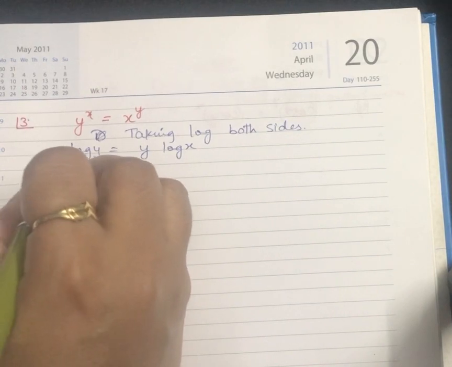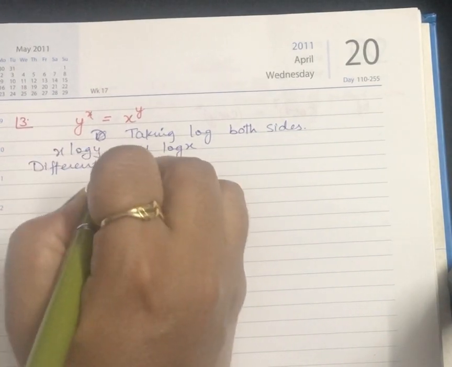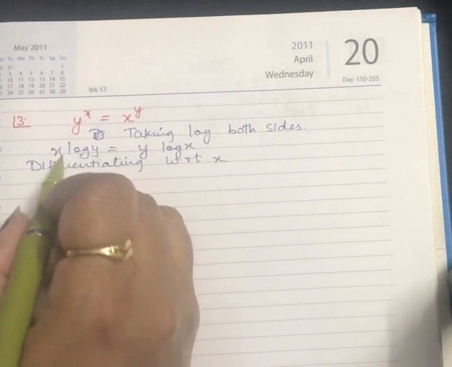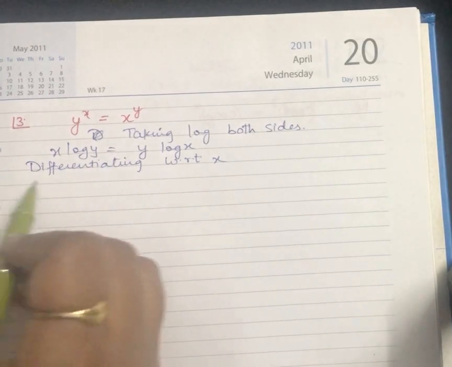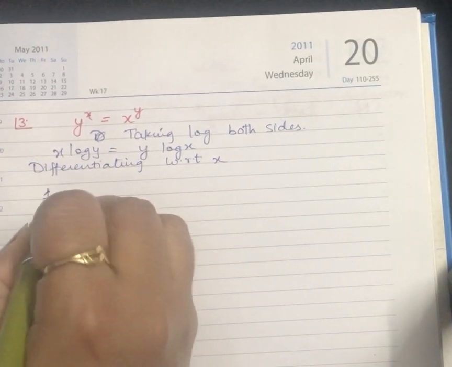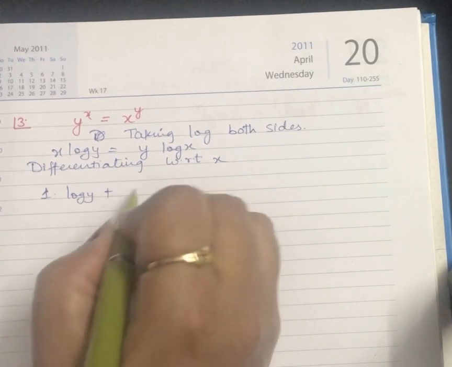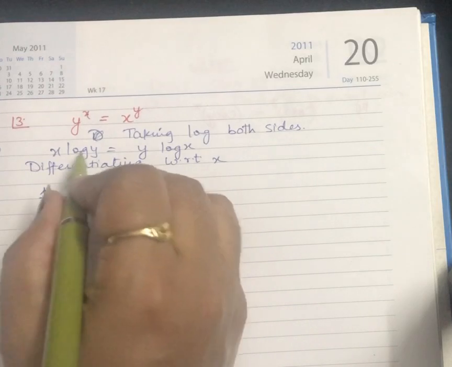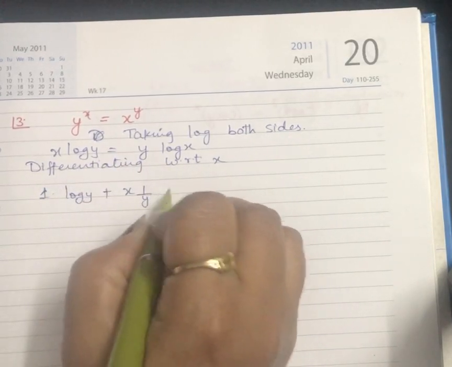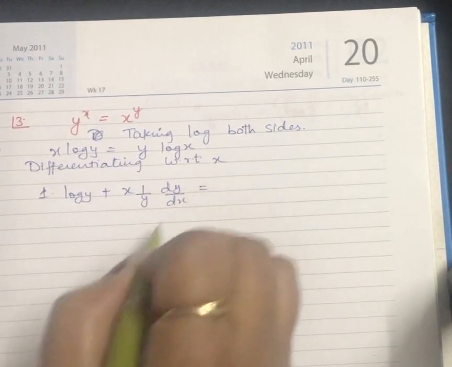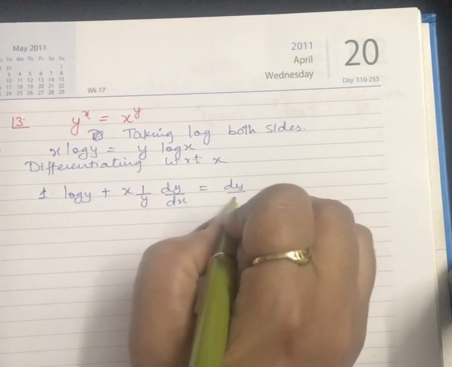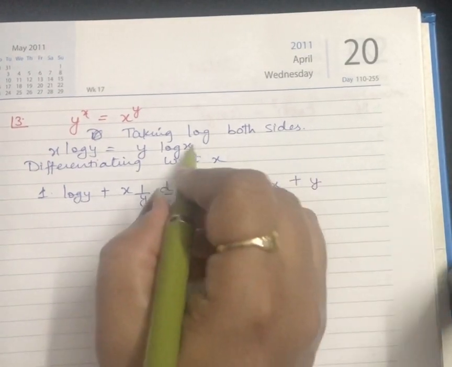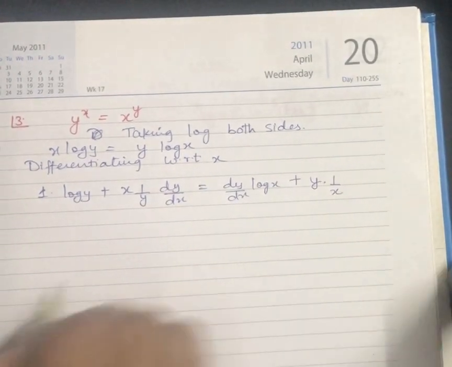Now differentiating with respect to x. So what we get, apply product rule here. Differentiation of x is 1, log y as it is, plus differentiation of log y will be 1 by y, x as it is, and differentiation of log y will be 1 by y dy by dx equal to, now differentiation of y is dy by dx, log x is as it is, plus y, and differentiation of log x is 1 by x.